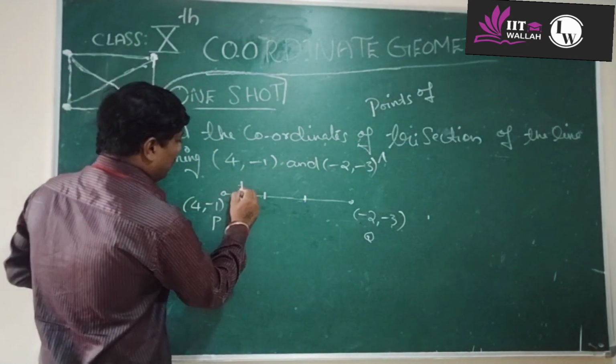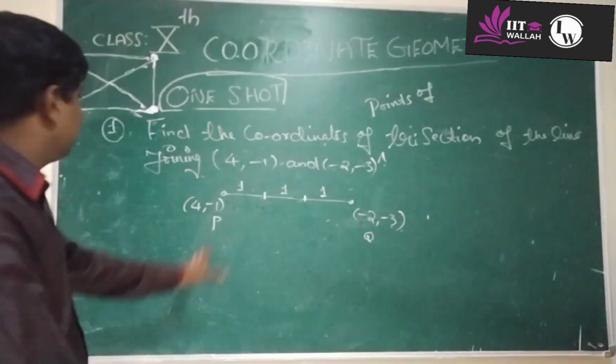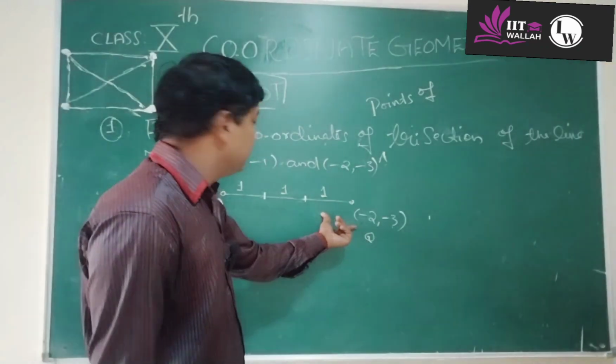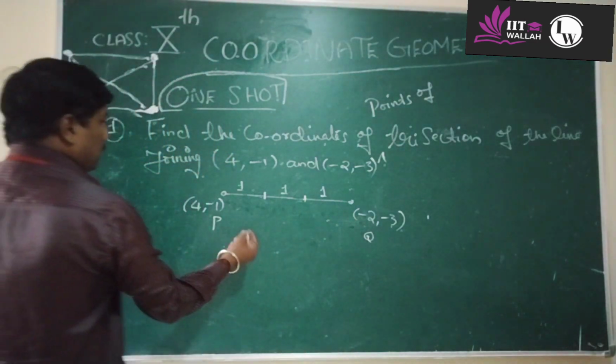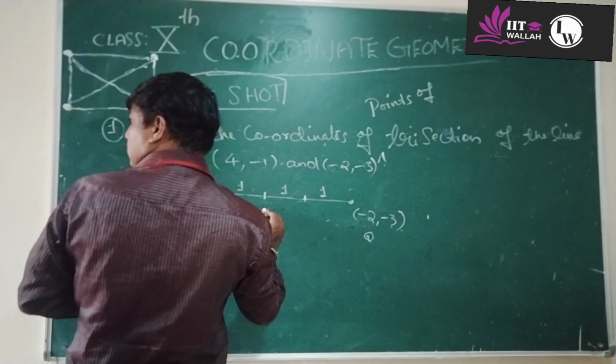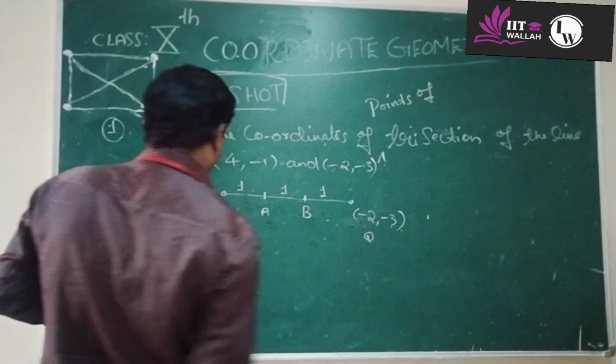So the ratio will be 1, 1, 1. And this point you can take as A and this point you can take as B.